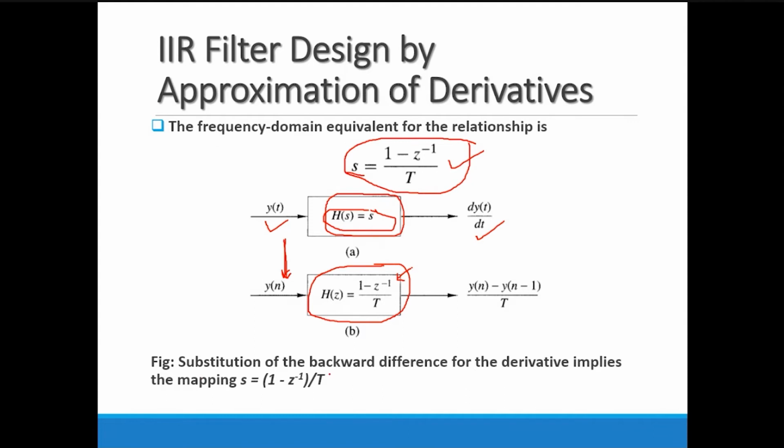So substitution of this backward difference equation for the derivative implies the mapping s is equal to 1 minus z inverse divided by T, which we have written over here.